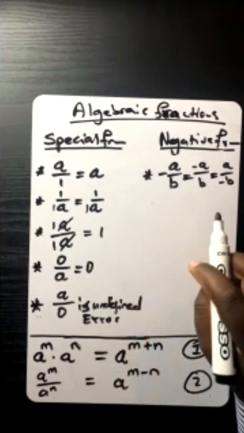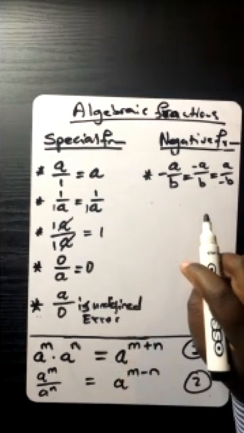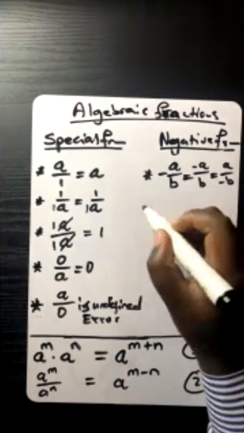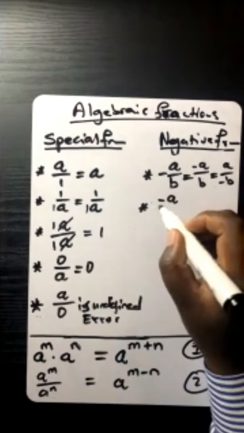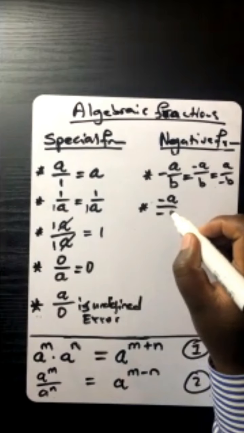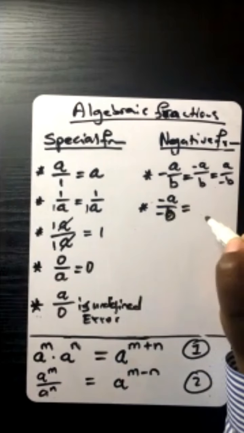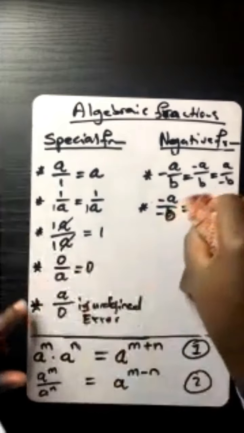So let me quickly check the other negative fraction that I wanted us to discuss. It's when you've got negative A divided by negative B. So do you have an idea of what that one is?